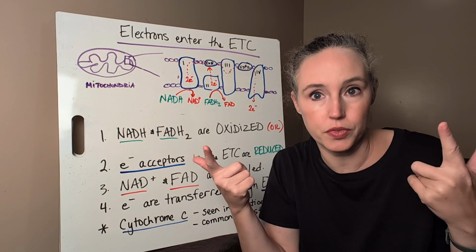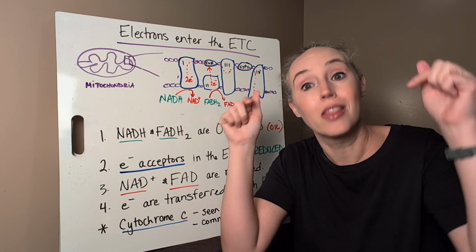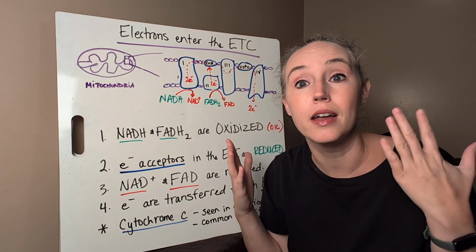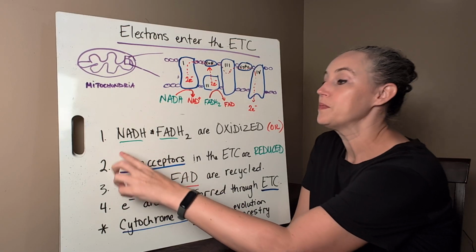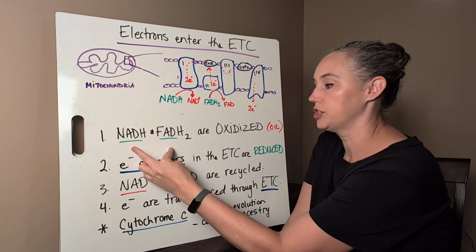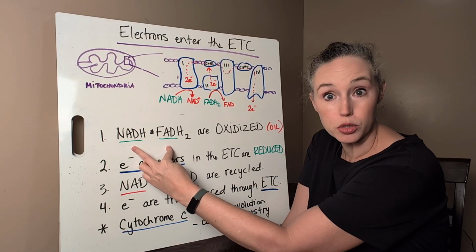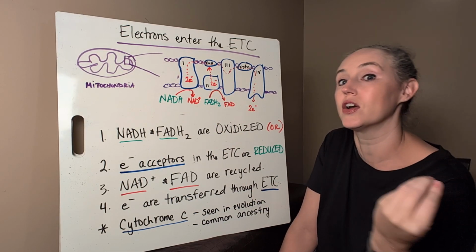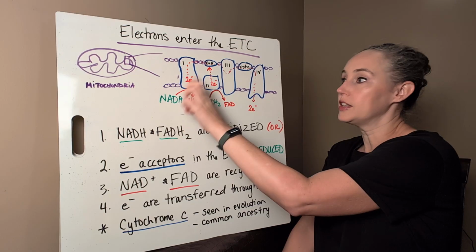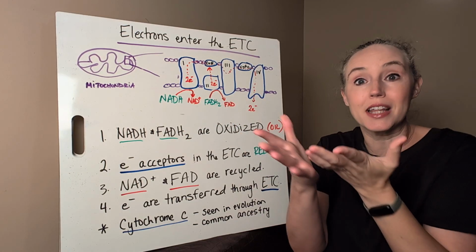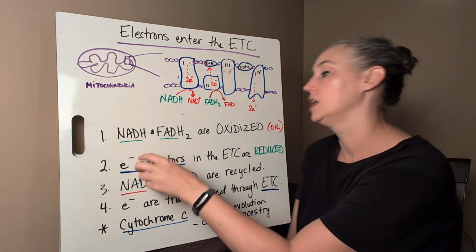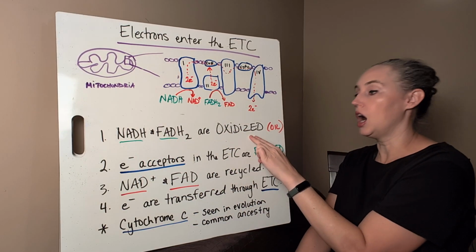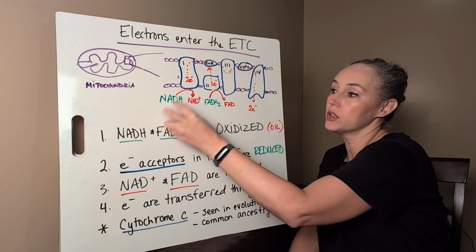If you were ever confused by the electron transport chain, this is the moment where it's like, I get it. Okay, so NADH and FADH₂, those are our reduced electron carriers. Reduction is gaining, so they have the electrons. Then they are going to carry them to these blue proteins, which have electron acceptors on them. These electron carriers are oxidized, so they're going to lose their electrons.